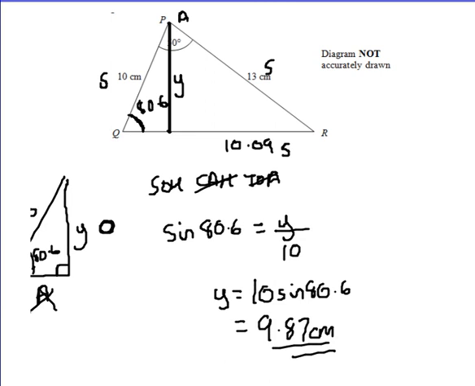Our final question then is a proportion question. So we've got the force F between two magnets is inversely proportional, so it means 1 over, to the square of the distance between them. So we change the proportionality sign for an equals k.